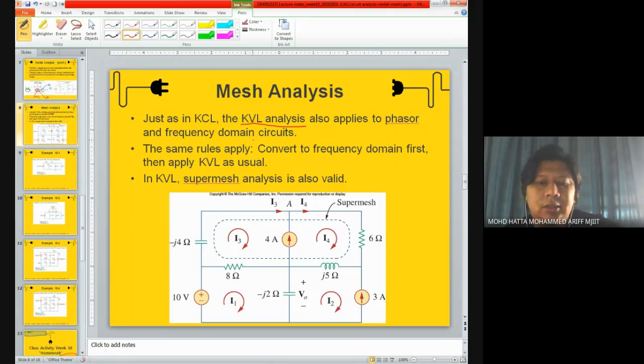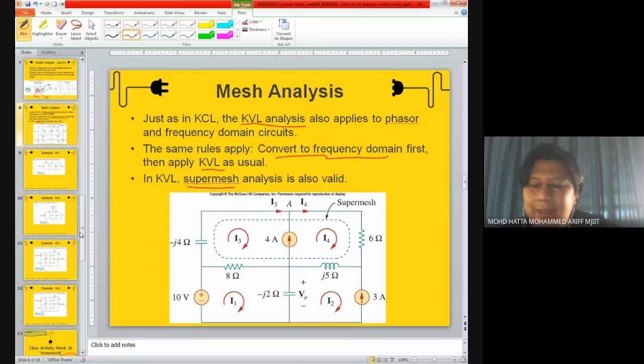The rules applied here are always the same: we first convert into the frequency domain, and later we apply KVL. If we have a supermesh, for example in this circuit we have a current source in between two meshes, we need to apply supermesh analysis to analyze our circuit.